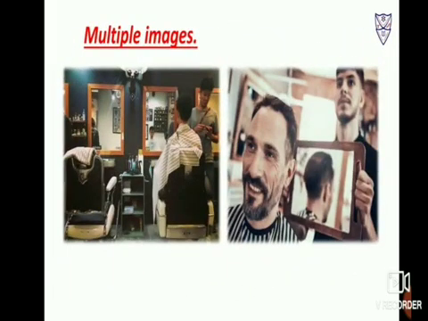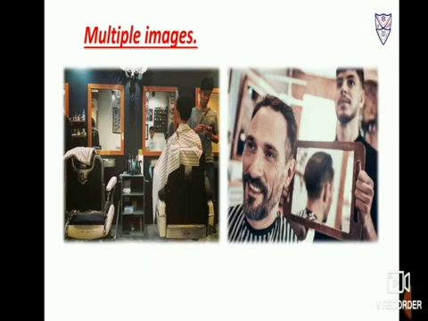Now students, you might be thinking that when one plane mirror is kept, one image is formed, and when two plane mirrors are kept together, two images are formed. But it is not true. By varying the angle between two mirrors, we may get any number of images.